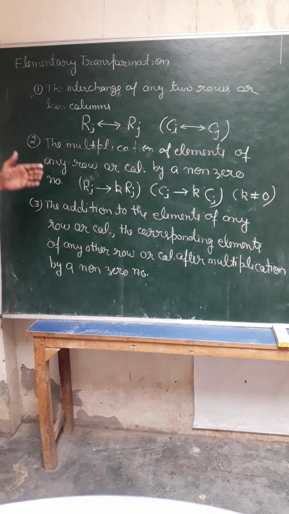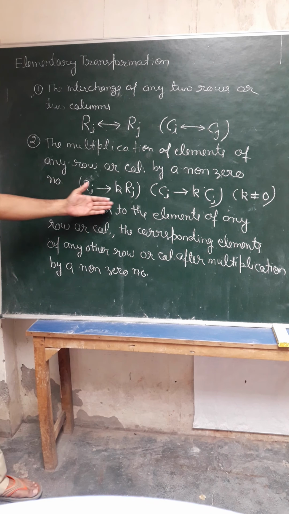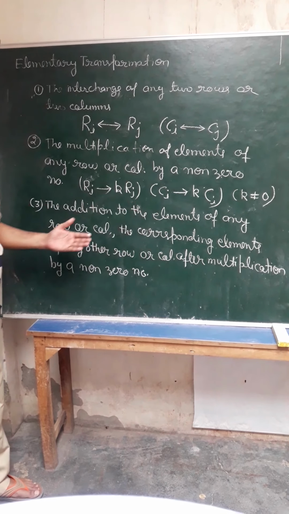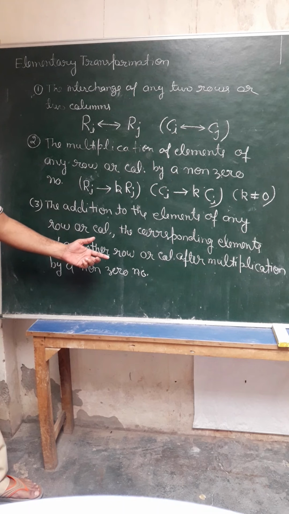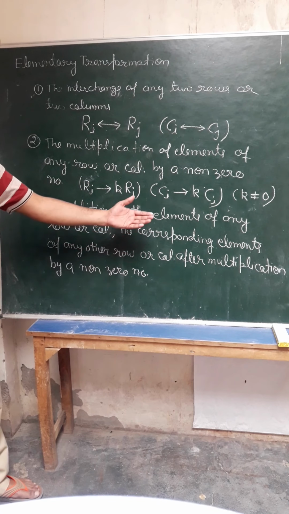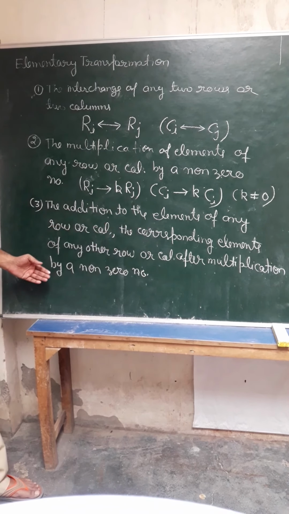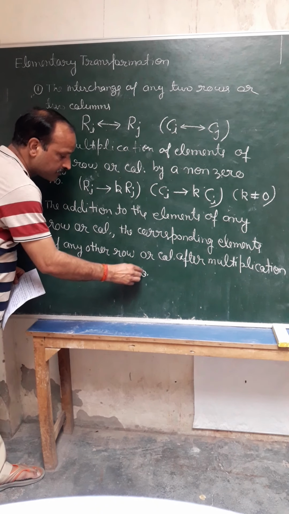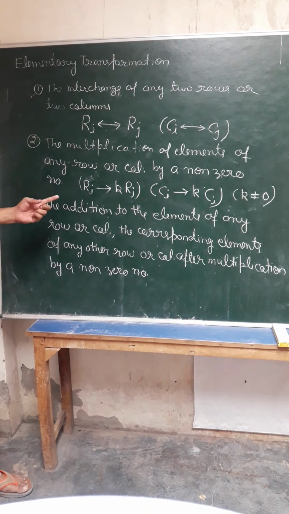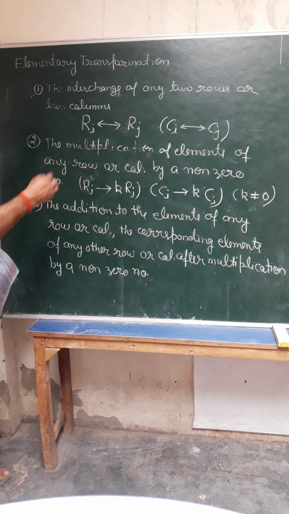Again, the addition to the elements of any row or column of the corresponding element of any other row or column after multiplication by a non-zero number means the first element is added with the first element of any other row, and the same for columns.